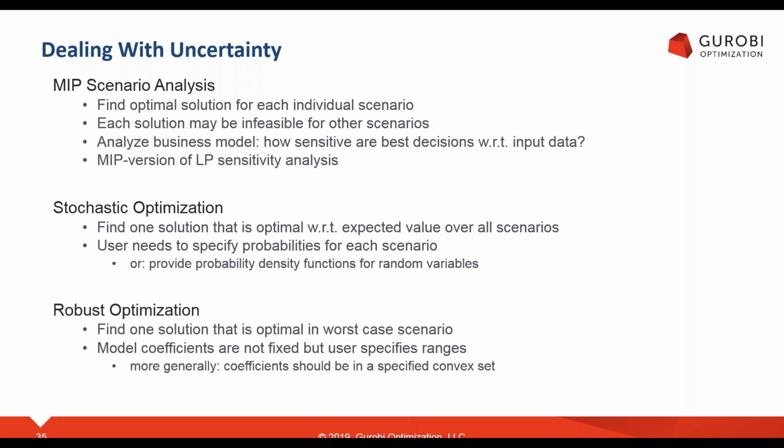Both stochastic and robust optimization want to find a single solution that is optimal in a certain sense. In stochastic optimization, you want an optimal solution with respect to the expected value over all scenarios. In robust optimization, you want a solution that is optimal in a worst-case setting. You also specify your problems in a slightly different way. In our case, we find optimal solutions for each of the individual scenarios, which is much simpler than stochastic or robust.